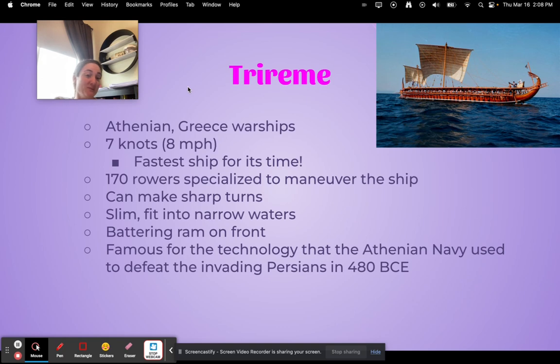It could make extremely sharp turns, which was new in the ancient world. It was also very slim, so it could fit into narrow waters and do surprise attacks. It also had a battering ram on the front to sink your enemy ship. And it was famous for the technology that the Athenian navy used to defeat the invading Persians in 480 BCE.